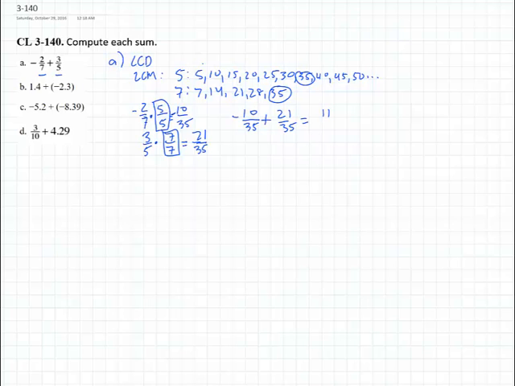That's going to equal 11/35. Okay, 11/35. This starts at the negative on the number line and it goes to the right. And we just add the numerators, right? This starts at -10, and add 21 more to get 11. Okay, so that was A.